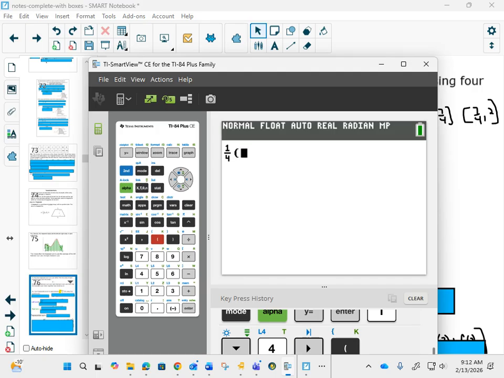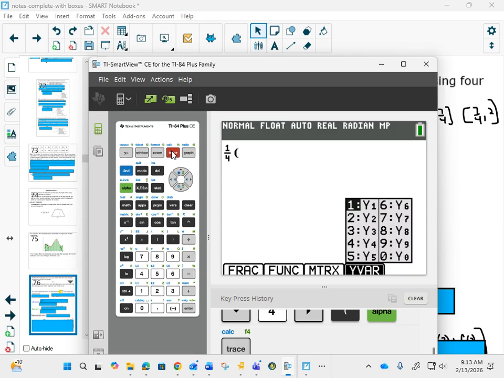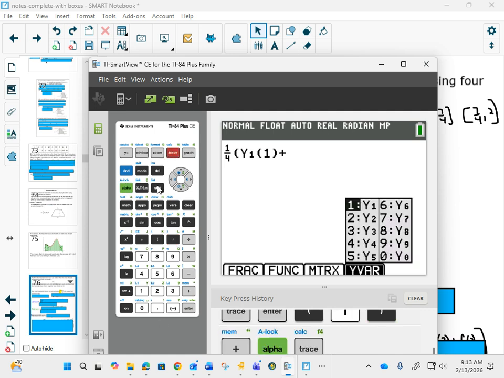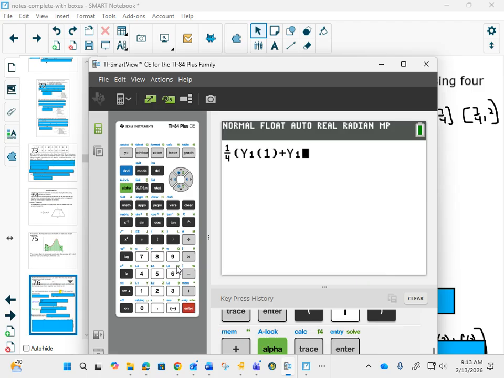What's the function that we used? It was y1. Okay? If you have the function menus across the top, I think it's f4. Yes, f4 gives you your y's. So I can do y1 of, put brackets, y1 of 1 plus y1 of 5/4 plus.